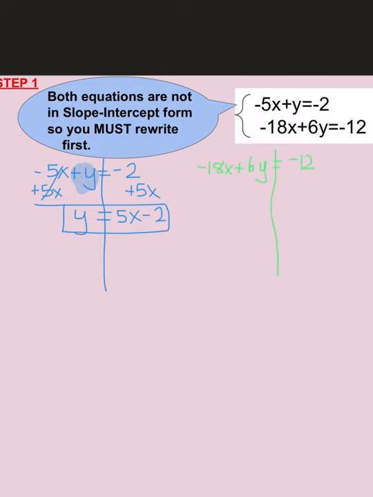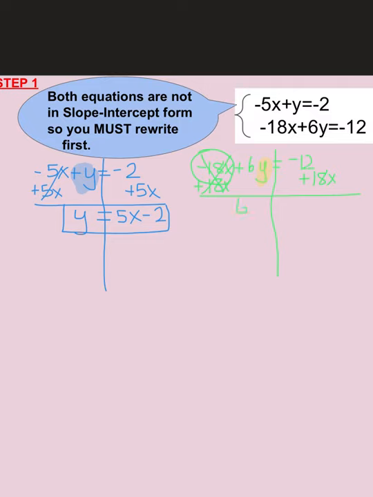All right, so we want the y by itself. So I'm going to move the negative 18x first because the 6 is directly with the y, so the negative 18x needs to be canceled out first. So I will add 18x here, cancel those out. I will add 18x here.